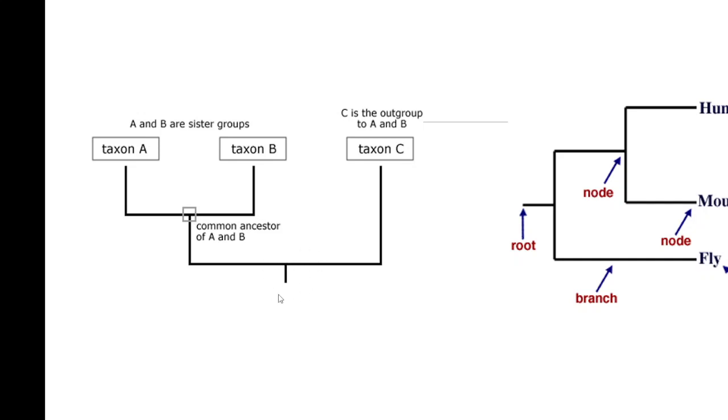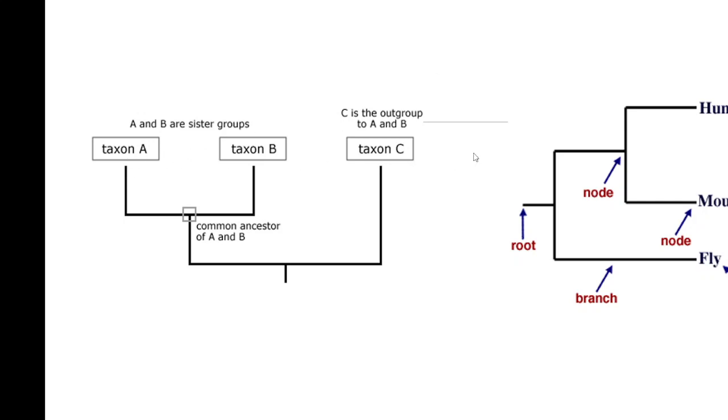Instead, it has evolved from another earlier common ancestor common to A, B and C. So it is from that earlier ancestor that taxon C is actually formed. So we call taxon C an outgroup, because taxon A and taxon B are directly evolved from one common ancestor. That is not the case for taxon C. So taxon C is somewhat more distantly related to taxon B and taxon A.